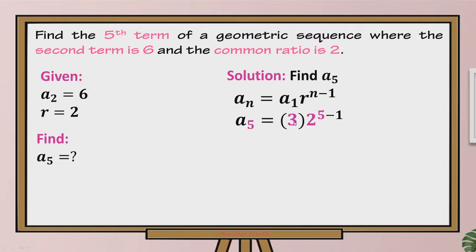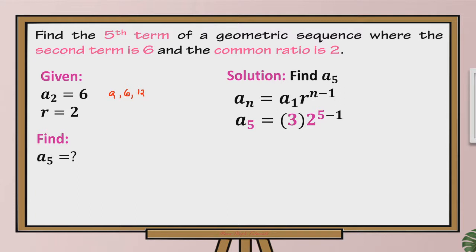How did we know that the first term is 3? Using the definition of a common ratio and the second term, we know that we have our first term, which is unknown, and our second term is 6. Then, given the common ratio of 2, we know that the next term after 6 is 12. So how do we get the first term?